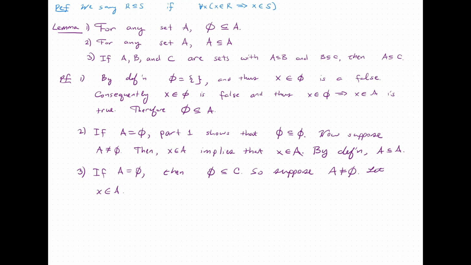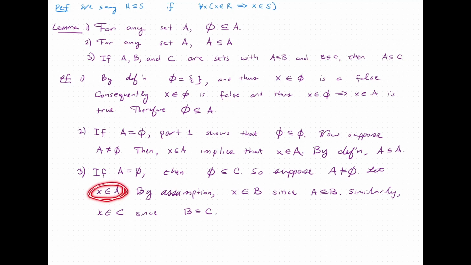By assumption, x is in B since A is a subset of B. That's what it means to be a subset of B: that x is in B. And similarly, x is in C since B is a subset of C. And so now we have shown that if x is in A, then x is in C. Whenever we do these arguments in this manner, we're choosing an arbitrary x in A. That's where the for all x is coming in: we're choosing an arbitrary element.